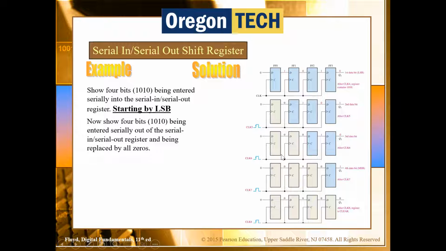Clock 2, I have the 1. Clock 3, 0, 1. The same thing. It is happening because my stream of data is traveling from left to right.